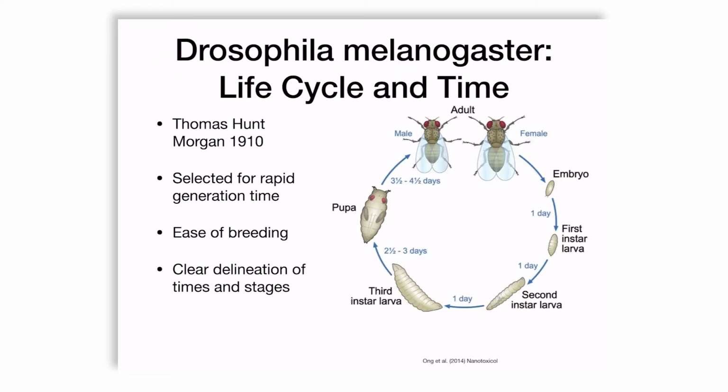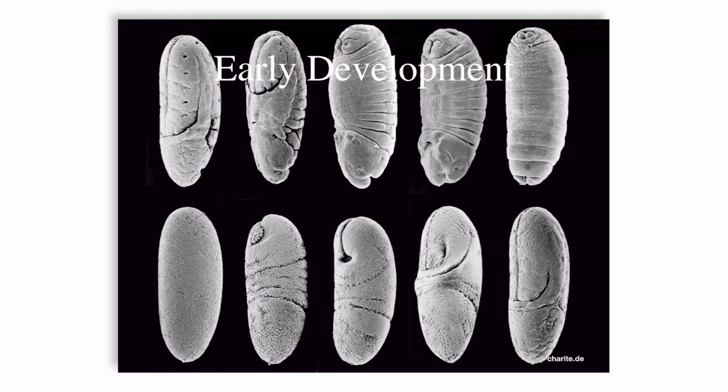So fixed time point analysis is based on the idea that you can look at a stage in, let us say, the development of an embryo or of a Drosophila fly, from the stage of when it is born as an embryo to the first instar larva, to the second instar larva, third instar larva, which is this creeping worm-like object, to the pupa where it stops moving, to the male adult.